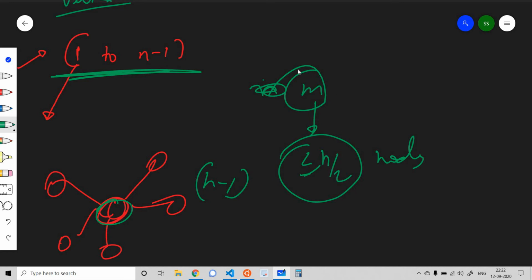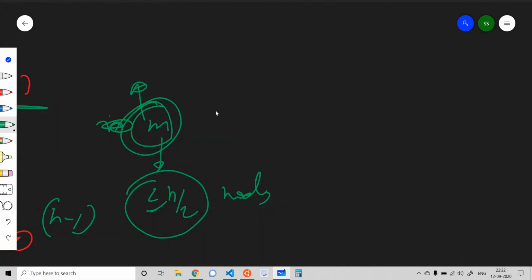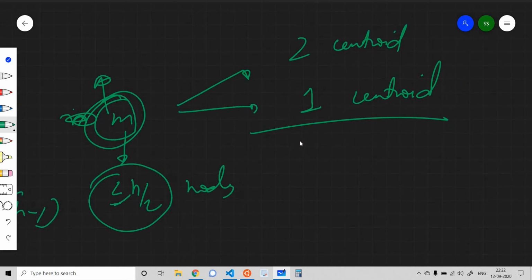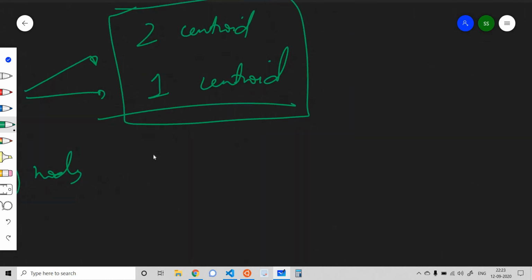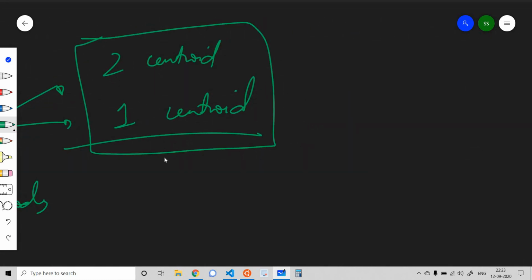And if we analyze it, there can be at most 2 centroids in our tree, and we would always have at least one centroid. My solution was mainly based on this property, and I would be explaining my intuition behind it.